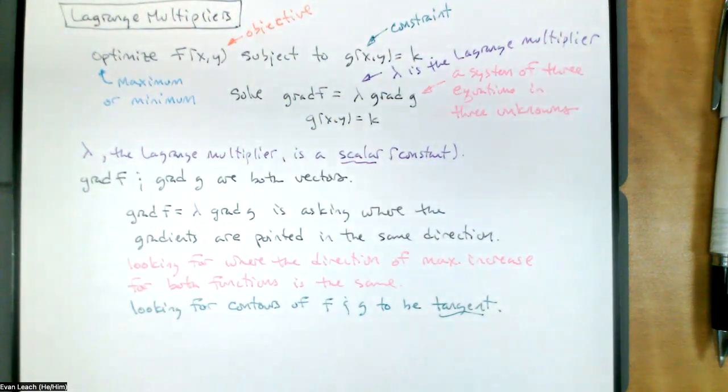If the gradients point in the same direction, then the tangents are also pointed in the same direction. So we're still looking at the tangent. We just want the tangent of our objective and the tangent of our constraint to be the same. We want the objective and the constraint to be pointed in the same direction.